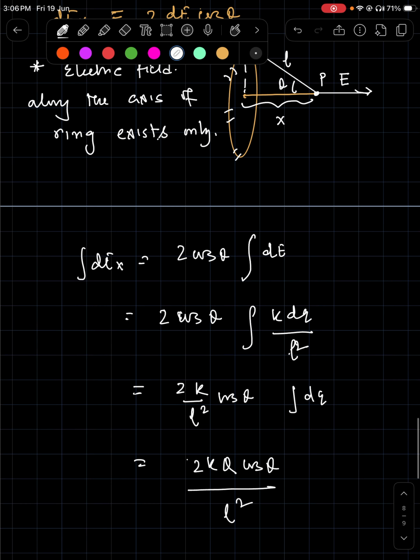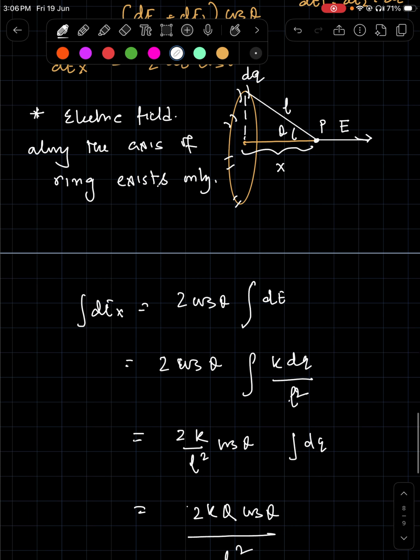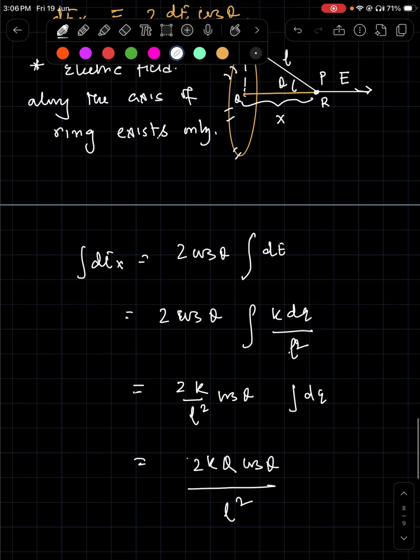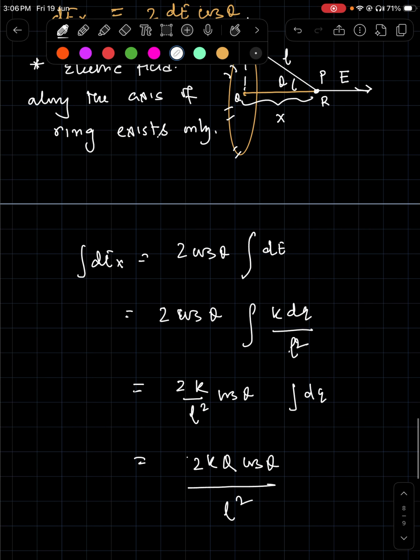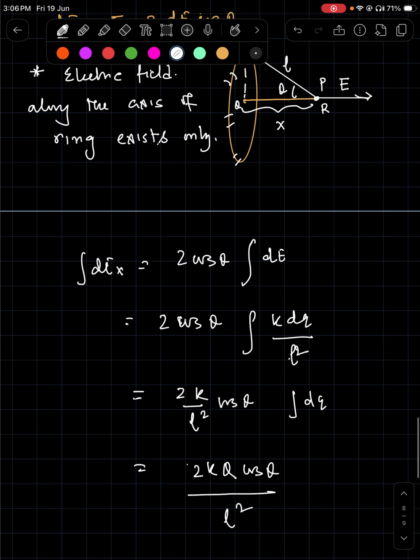Our last step is to write the value of cos theta, this theta I have taken, from this small triangle PQR. Any question from here? I think there shouldn't be any question.